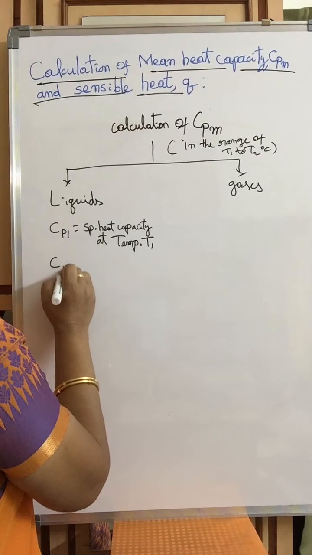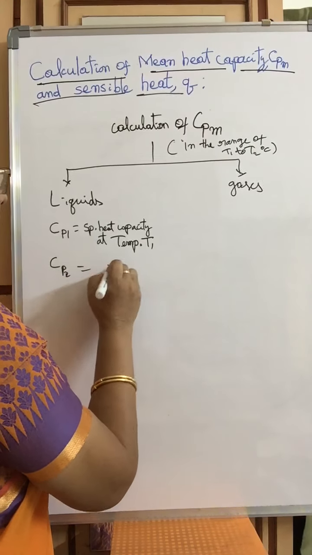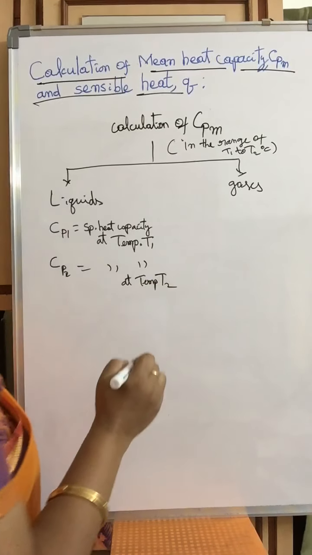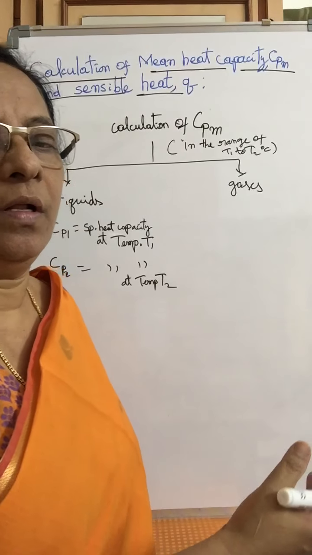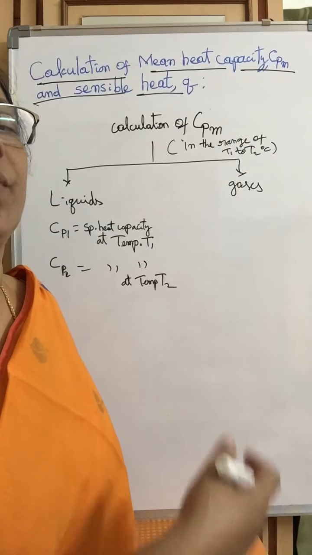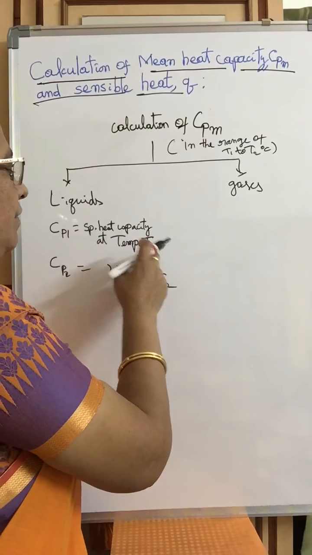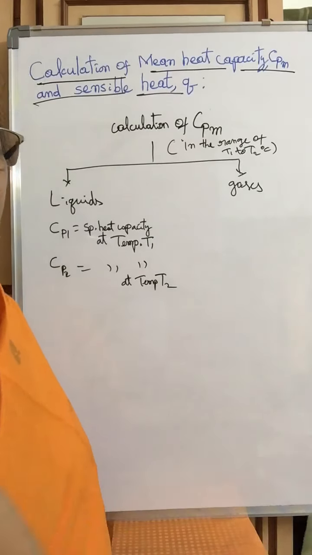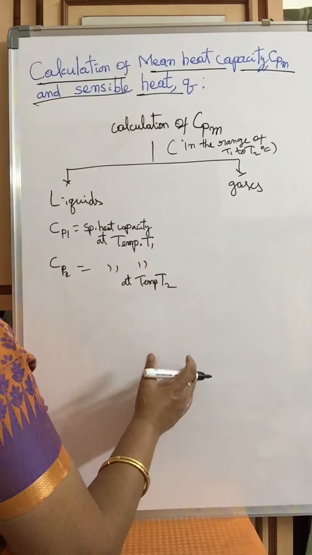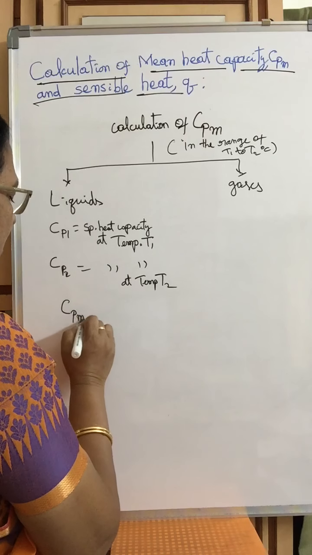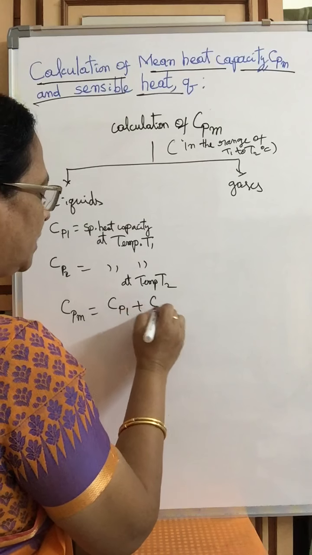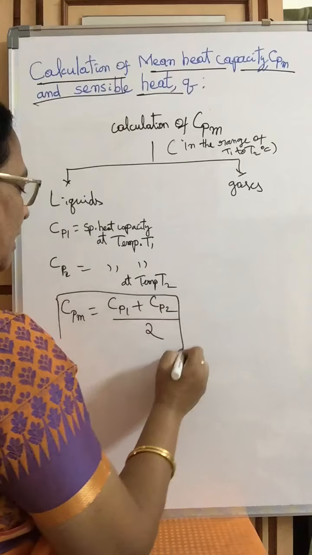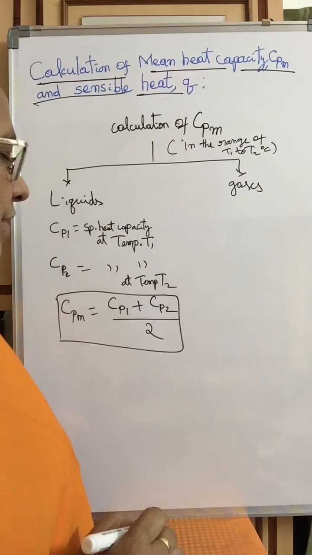Then Cp2 is the specific heat capacity at the temperature T2. So at T1 and T2, the data is available. In problems it will be given: heat capacity at T1 is so much, heat capacity at T2 is so much, and a substance is heated from T1 to T2. So Cp mean is equal to (Cp1 plus Cp2) by 2. This is how to calculate in case of liquids.